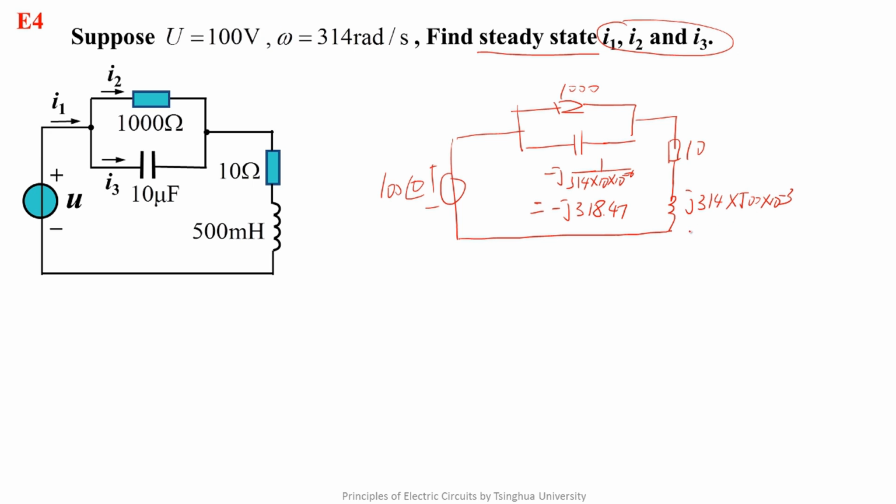For the inductor, its reactance is this. So we can find the ZEQ, seen from the source to the right. We've discussed this in lecture 63. The result is this.